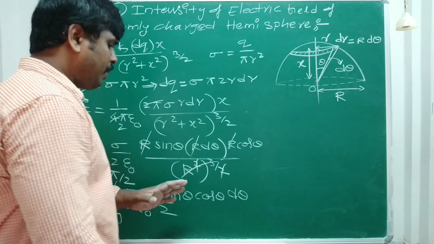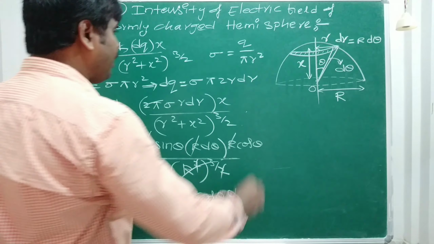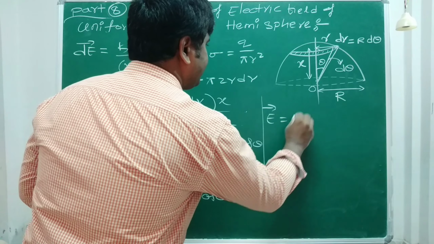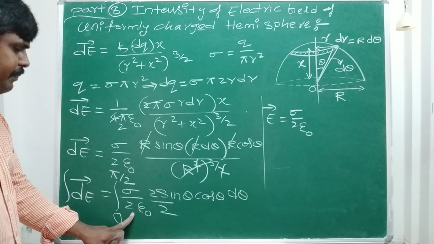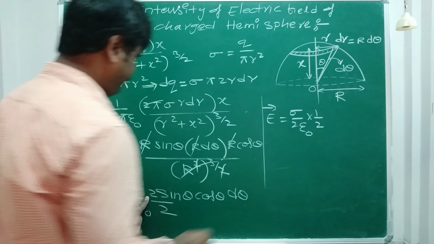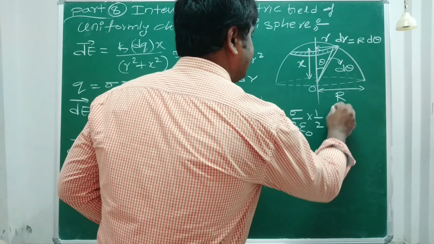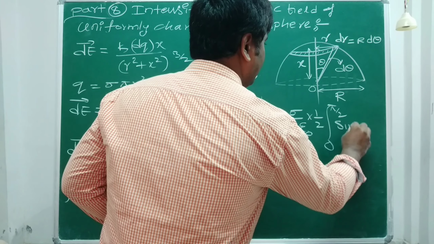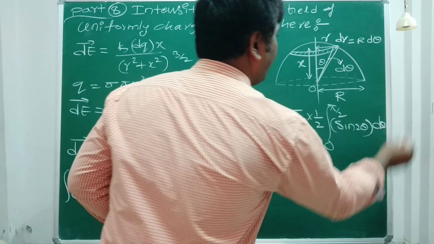Okay, so sigma divided by 2 epsilon naught is common here, so that E bar is equal to sigma divided by 2 epsilon naught, this is common. Okay, and also 1 by 2 is common. And the remaining value is integral 0 to pi by 2 sin 2 theta into d theta.